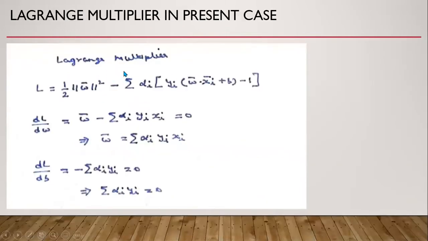So if we do this in our case of support vector machine, we get this Lagrange multiplier form, and we differentiate it with respect to the vector w. We get the vector w as the summation of alpha i, yi, and xi. And if we differentiate it with respect to b, the offset, then we get that the summation of alpha i, yi is equal to 0.